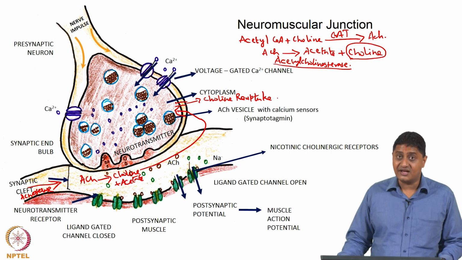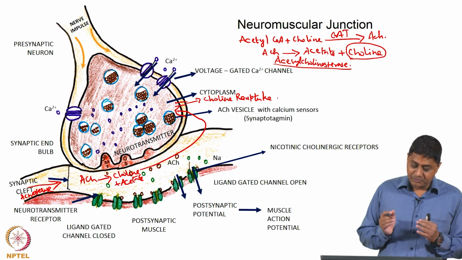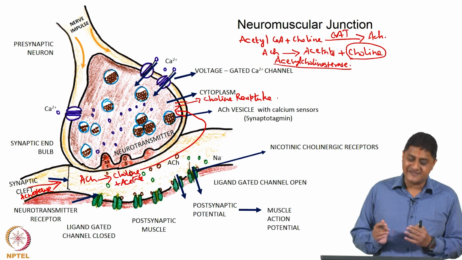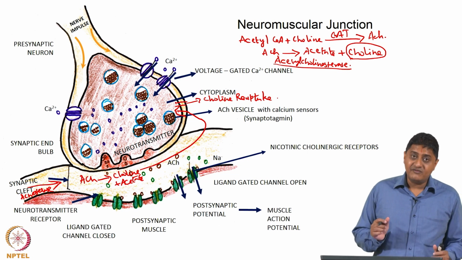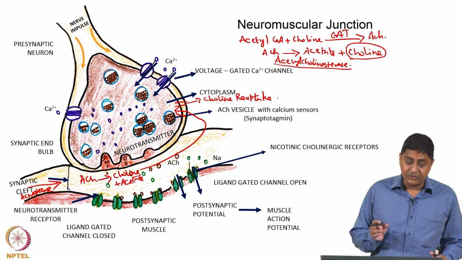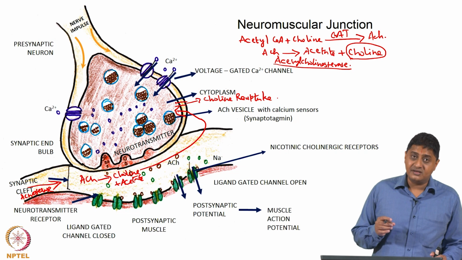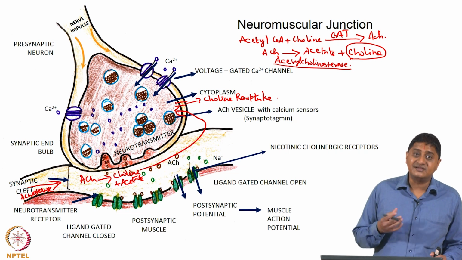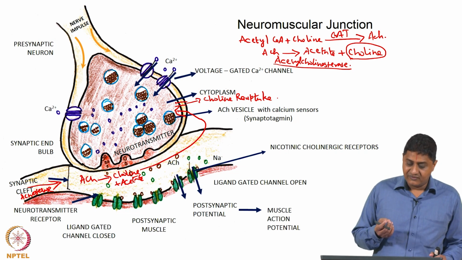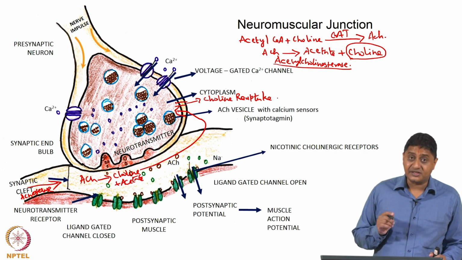So, this is the life cycle of acetylcholine, and acetylcholine is packed into bags called vesicles, such that whenever one vesicle is opened, all the molecules of acetylcholine in that vesicle are released. The idea that acetylcholine release happens in discrete quanta, where each quantum describes one vesicle, was first described by Bernard Katz, and for that he received a Nobel Prize.